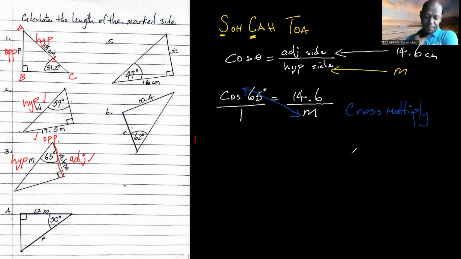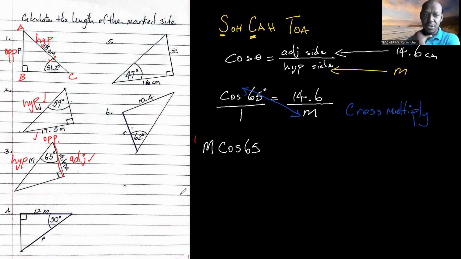You cross multiply diagonally. So it is m times cos 65. I want to say that again. It's m times, the times is understood.